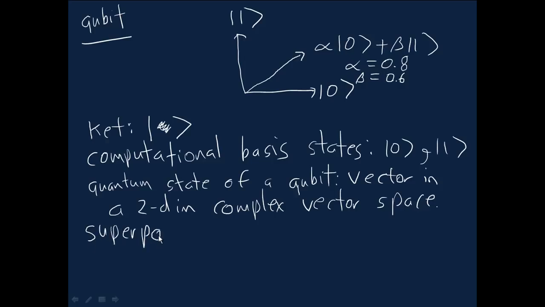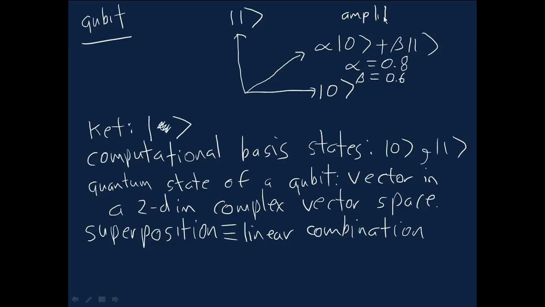Okay, a couple more pieces of nomenclature that are widely used. I'm going to talk frequently about superpositions of quantum states, and this is just a fancy word for linear combination. So physicists tend to talk about superpositions of quantum states. Here's a superposition of the 0 and the 1 state, meaning just a linear combination. Another useful term is amplitude.